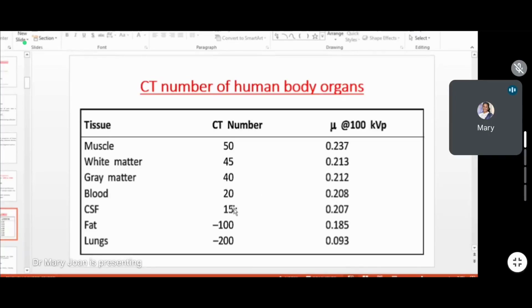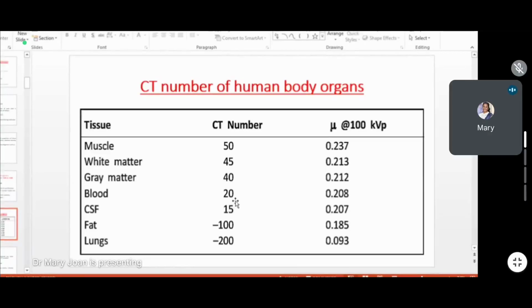When our scale is from minus 1000 to 3000, this variation results in a variation of 15 to 20. So for a 0.001 difference in the attenuation coefficient, we have a difference of 5 in CT number. So we will have some resolution over there.